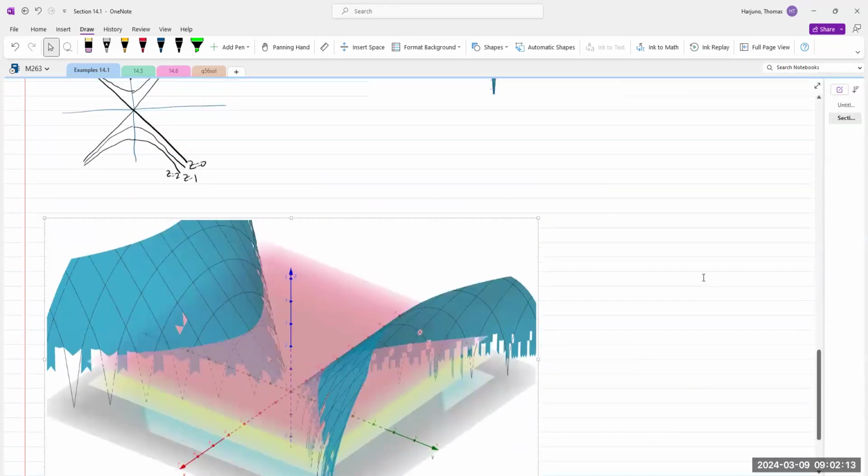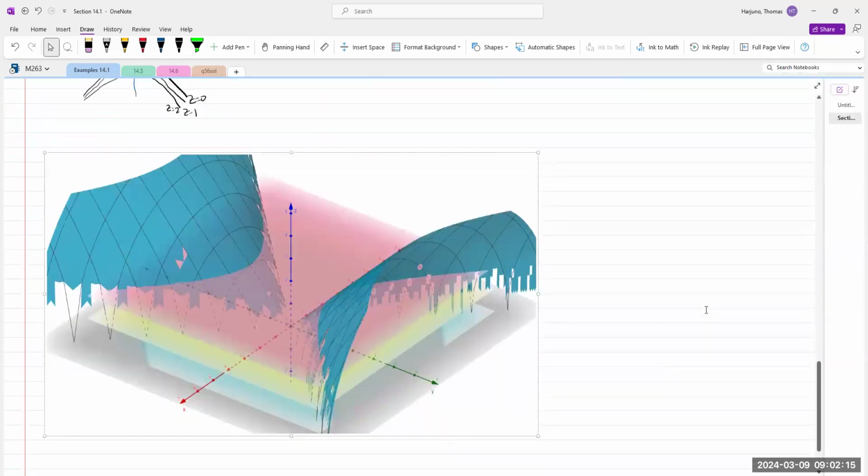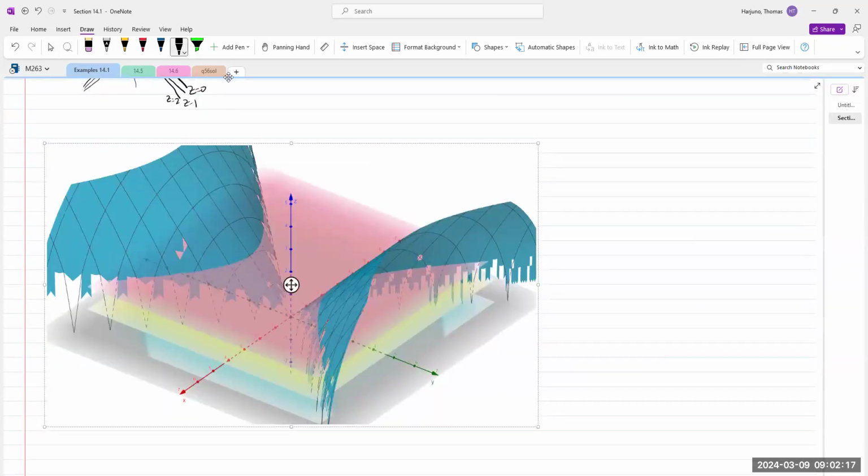Basically I want to say that the top one that we see here, this one here, is the level curve c equals 2.